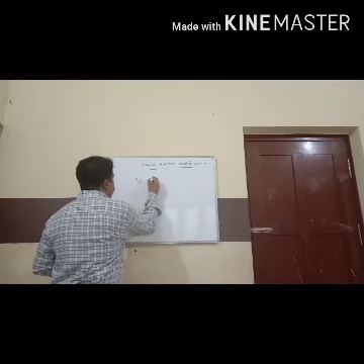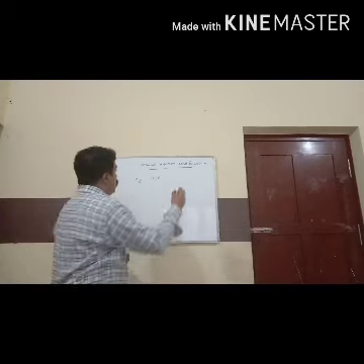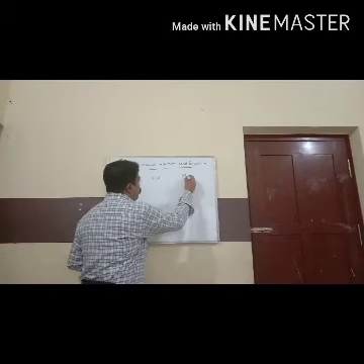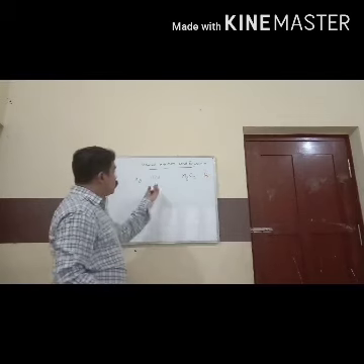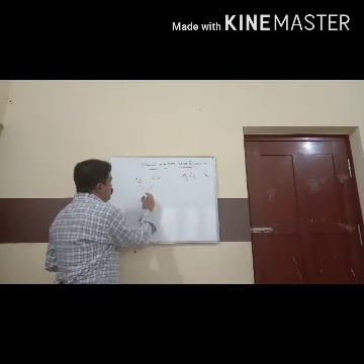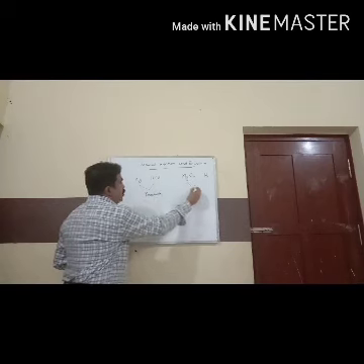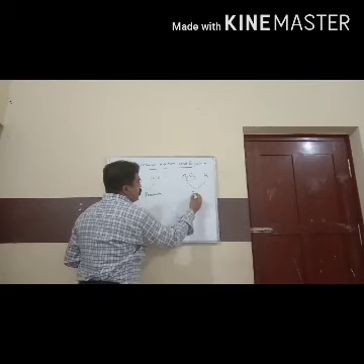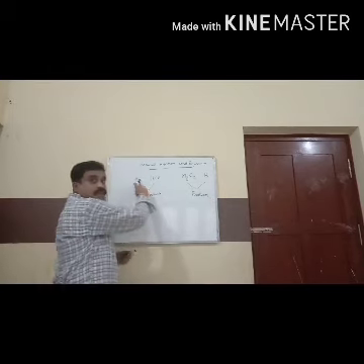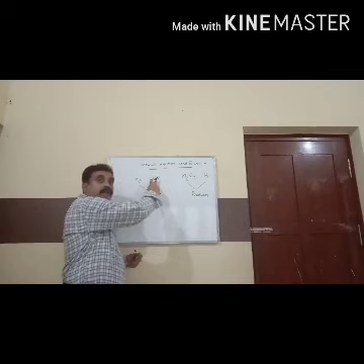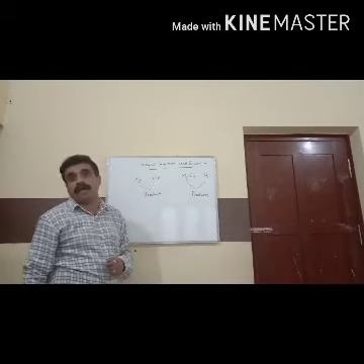Magnesium and hydrogen chloride are the reactants. Products are magnesium chloride and hydrogen gas. So these are the reactants and these two are the products. So magnesium reacts with hydrogen chloride or hydrochloric acid to form magnesium chloride and hydrogen.